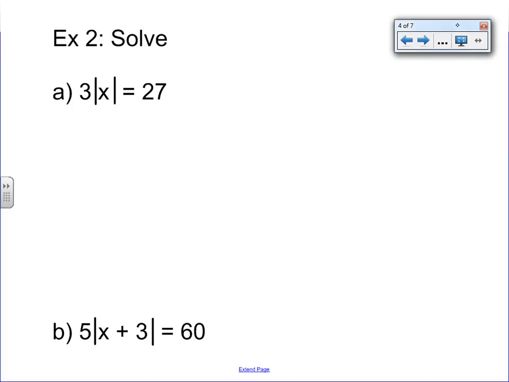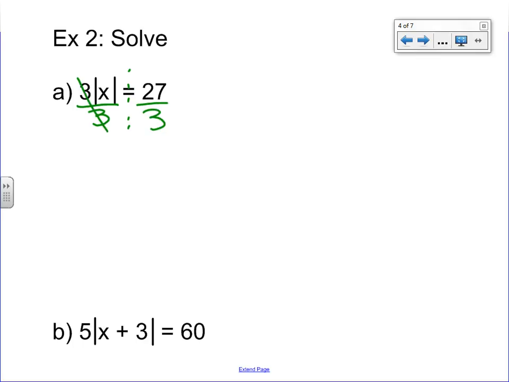So on the next problem, we have 3 times the absolute value of x equals 27. On a problem like this, we have to get the absolute value bars completely by themselves on one side of the equal sign before we can solve. So 3 is being multiplied by the absolute value of x, so I'm going to divide by 3 on this side and on this side.